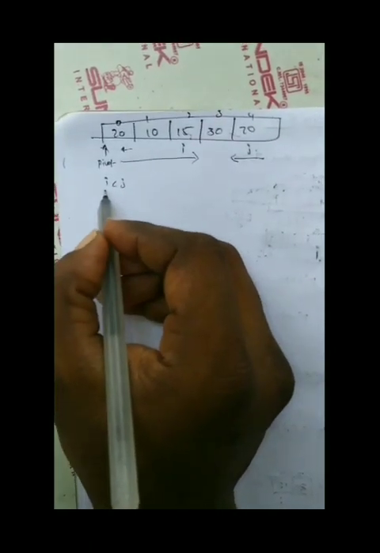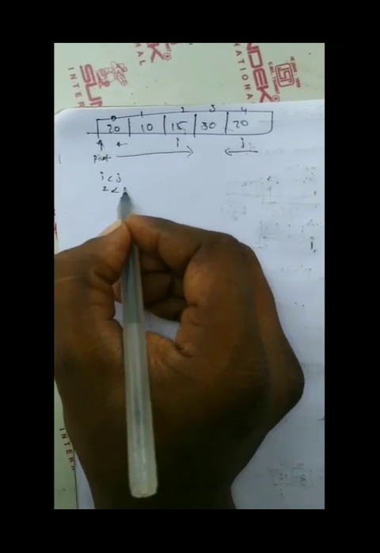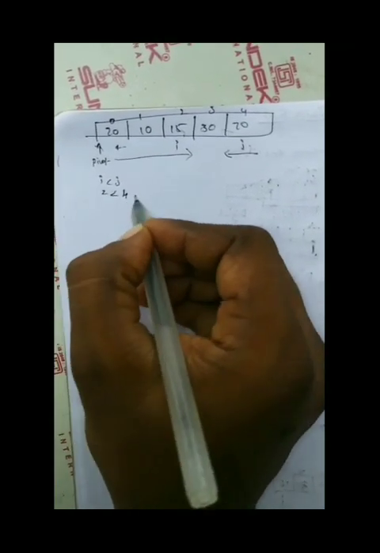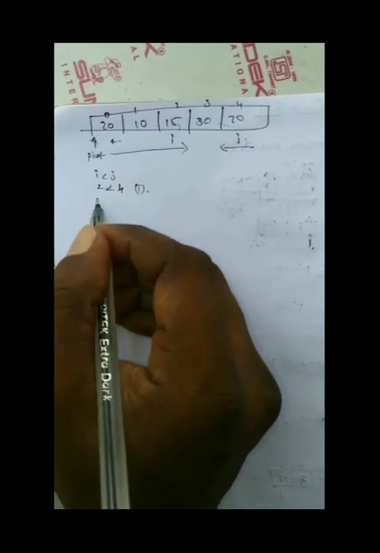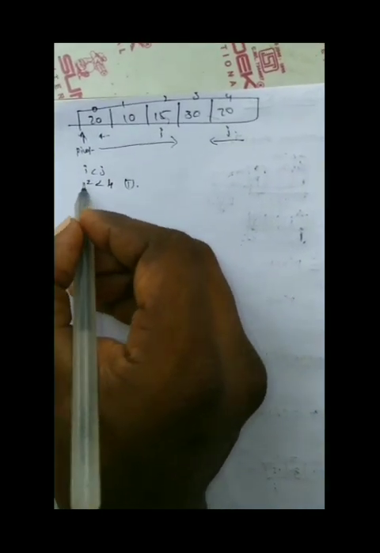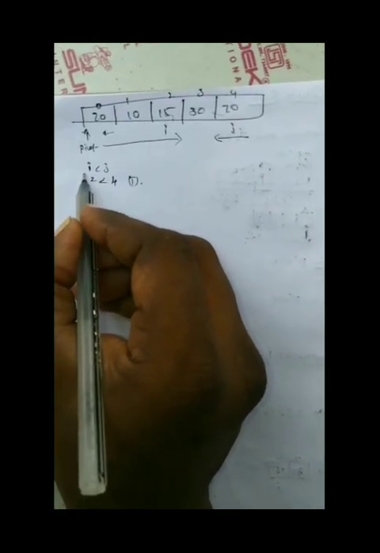The i value is 2, less than the j value 4, so the condition is true and we enter the loop. We enter these statements under the conditions.